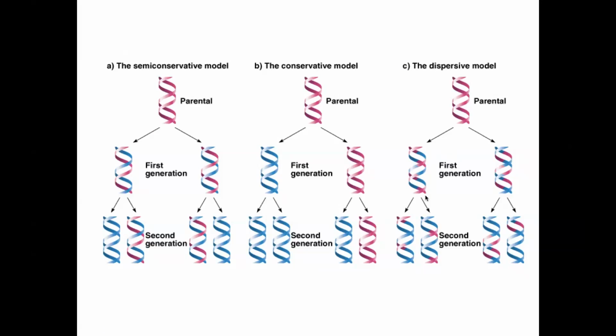The idea is the following: if you look at these populations of daughter molecules that are created after one round of replication or two rounds of replication, here, here, and here, those populations are different in terms of the composition of the DNA molecules in those populations.